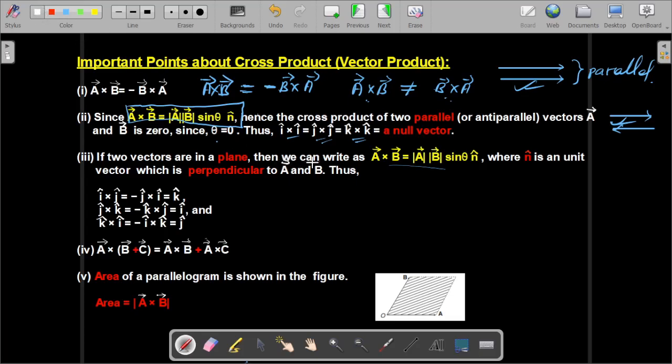It will be perpendicular to the given vectors A and B. Hence, in three-dimensional space, the three-dimensional Cartesian coordinate, we get 3 axes.